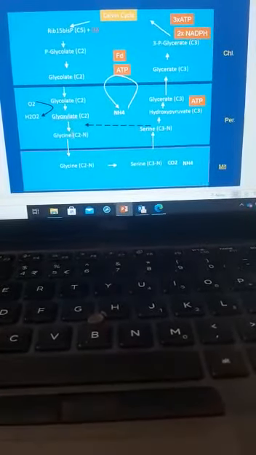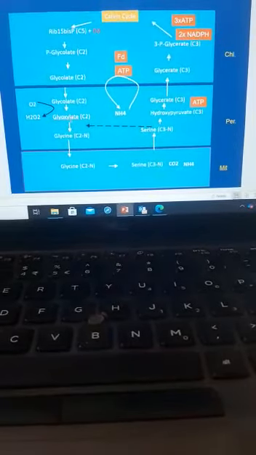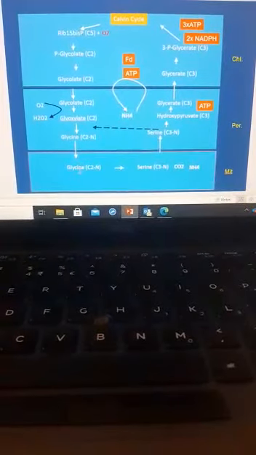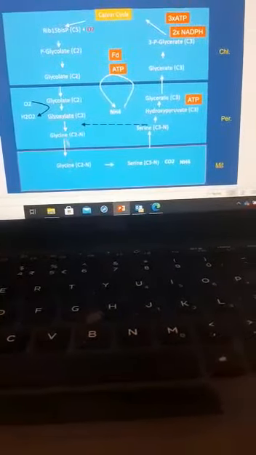This glycine will then be transported into the mitochondrion.